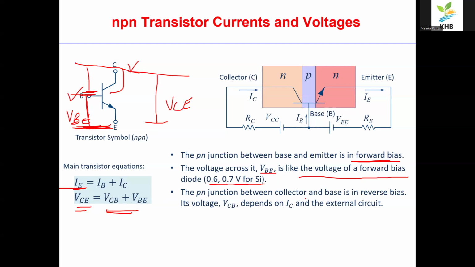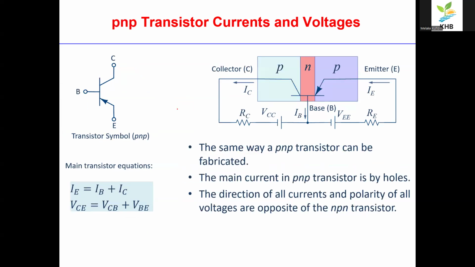So the PN junction between collector and base, VCB here, is in reverse bias, which depends on the amount of collector current and the external circuit, obviously.